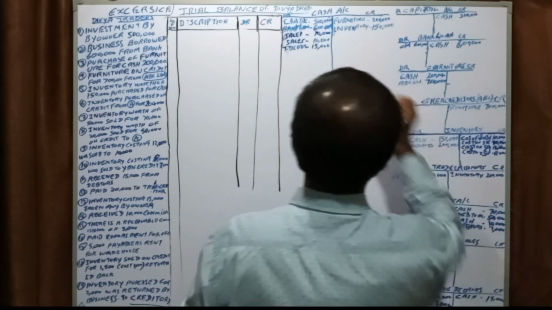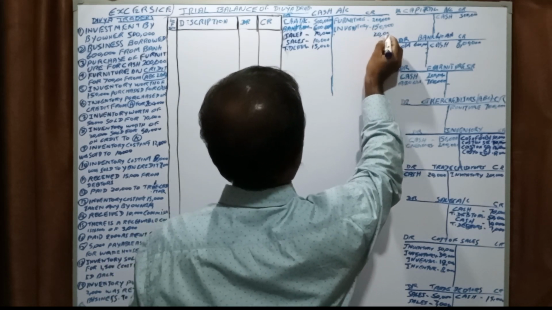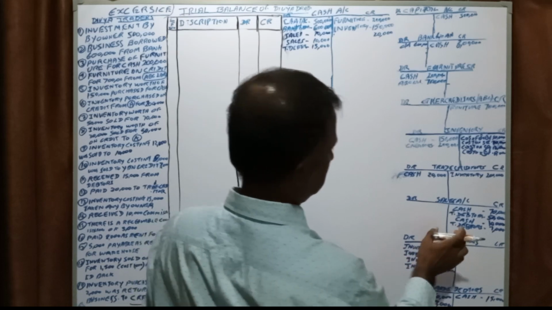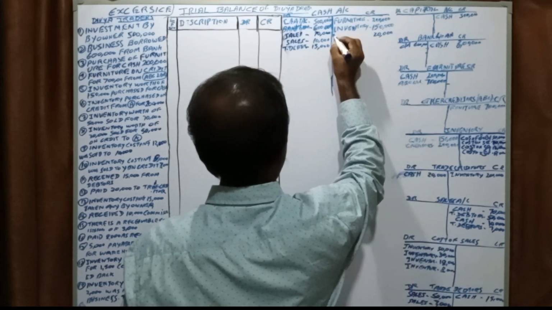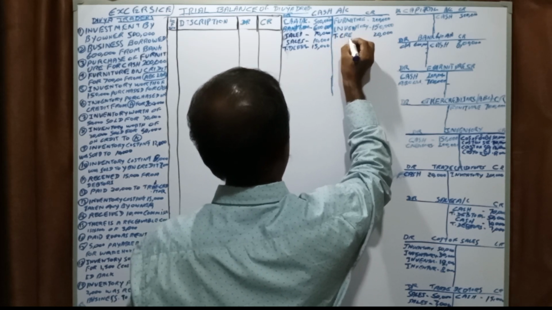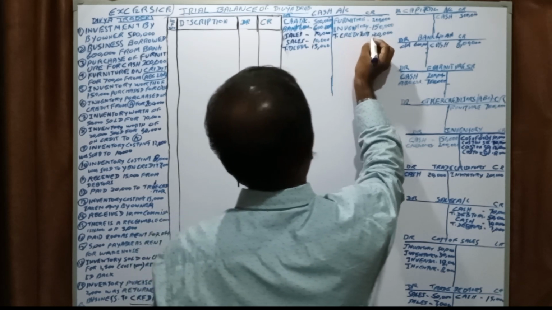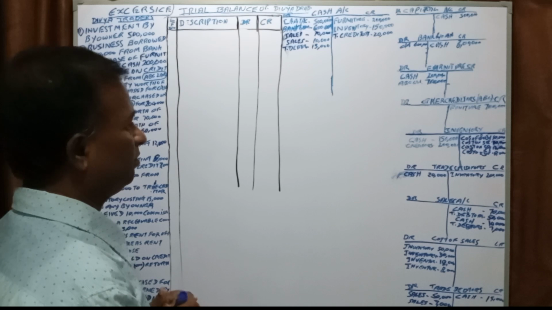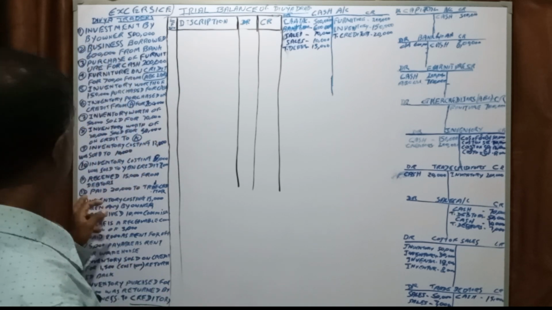Here trade creditors, here cash. Okay, trade creditors. We have made a payment worth 20,000.